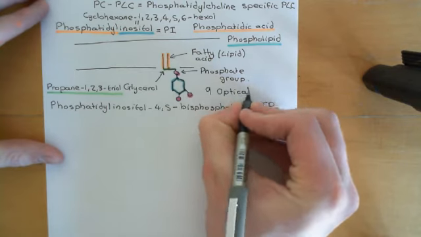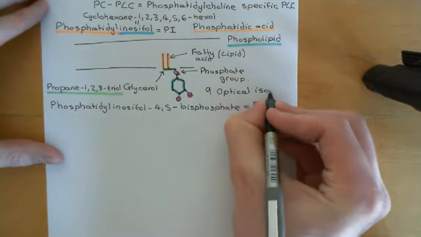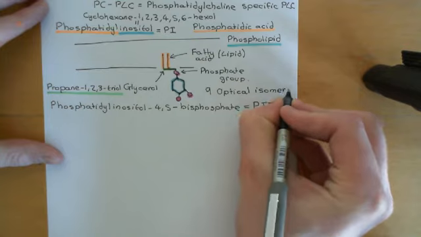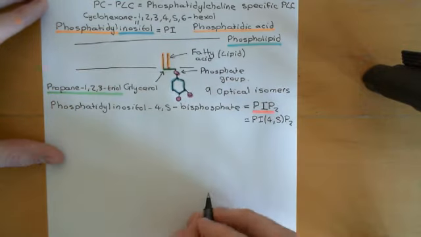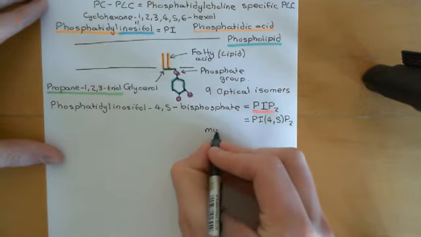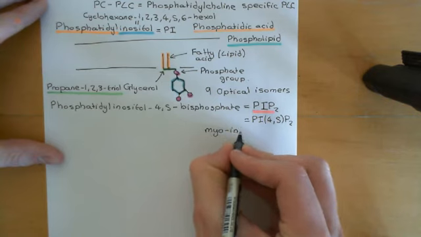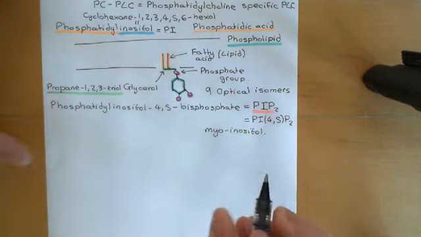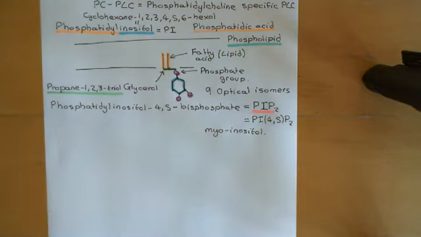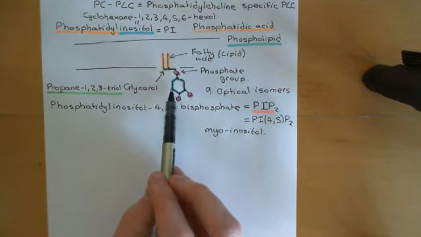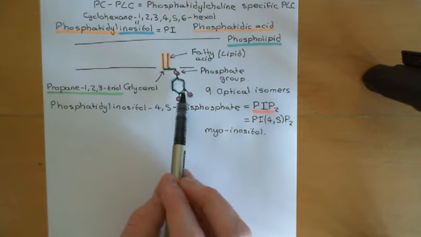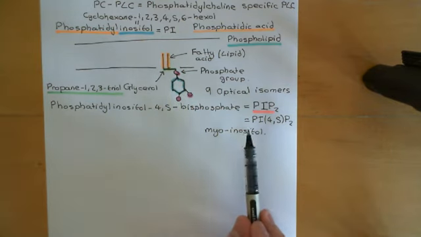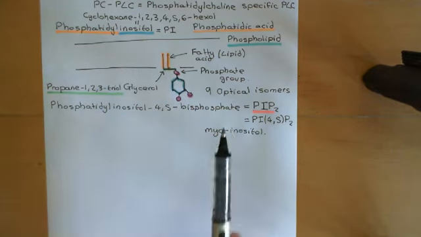And in biology, thankfully, only 1 optical isomer of inositol is actually used, and that optical isomer that's used is called myoinositol. Now in myoinositol, there is a subtle difference between the 3rd carbon and the 5th carbon. They are different optically to one another, but it is a subtle difference.